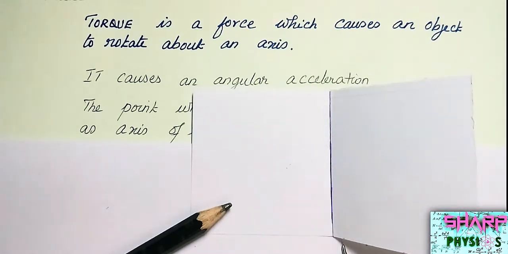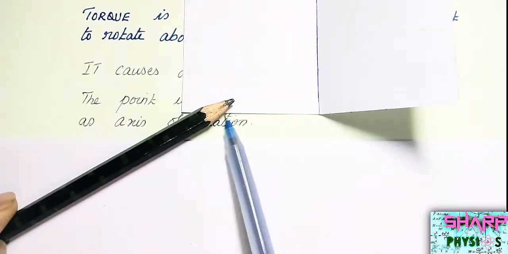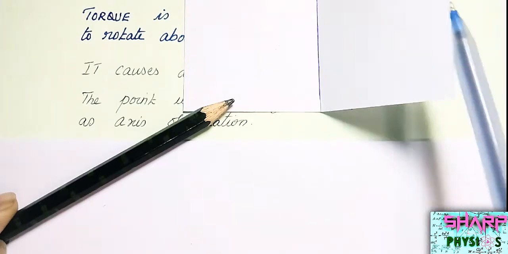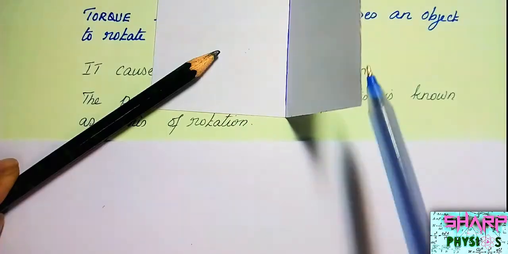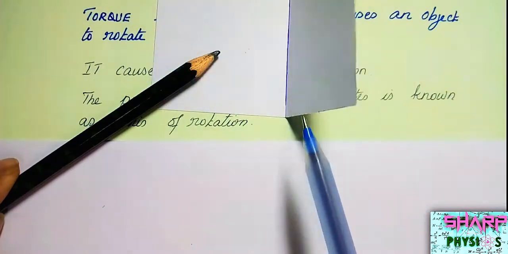So you can see at this particular point, if you draw a line straight, there is an angle being created. That is the twist. The angle can be changed.